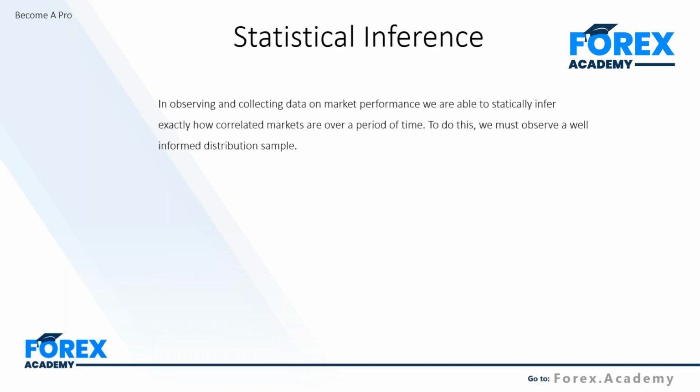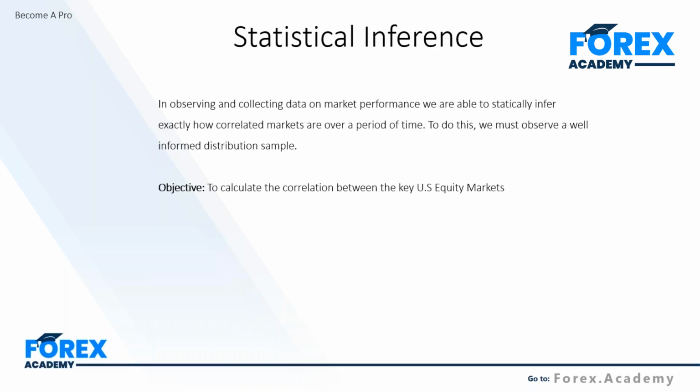In observing and collecting data on market performance, we are able to statistically infer exactly how correlated markets are over a period of time. To do this, we must observe a well-informed distribution sample. So what is our objective today? What is our objective when we look at these 3 key US equity markets?